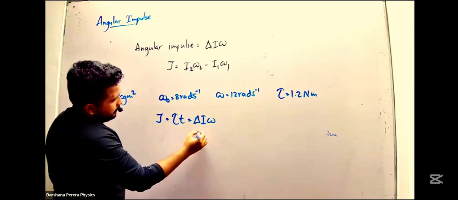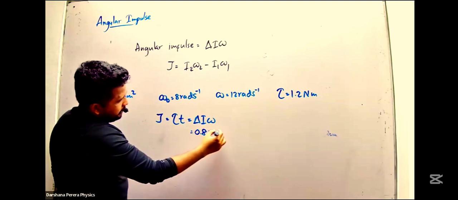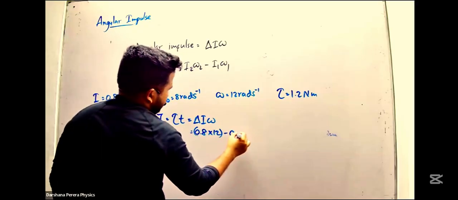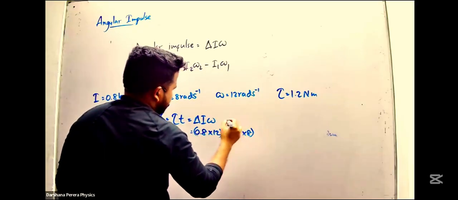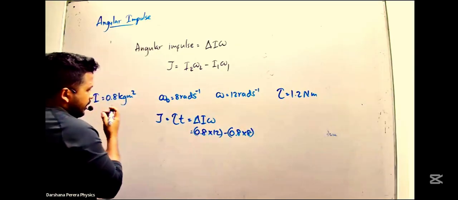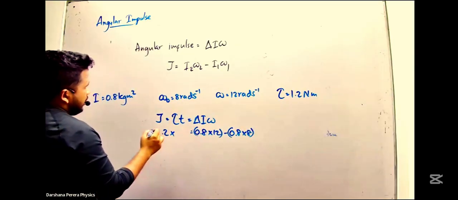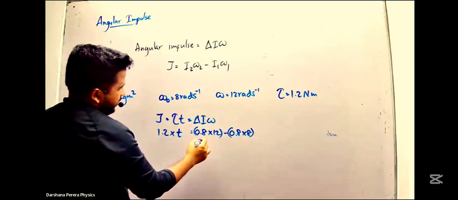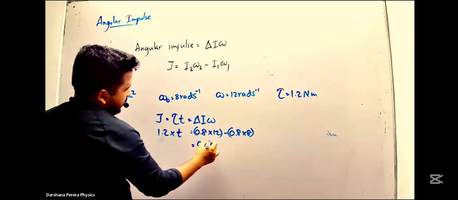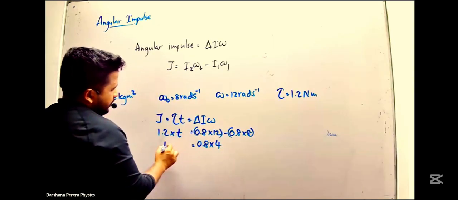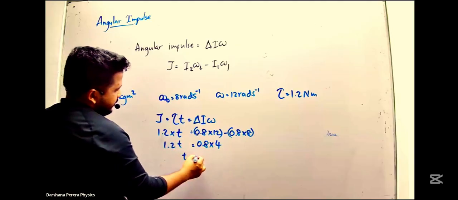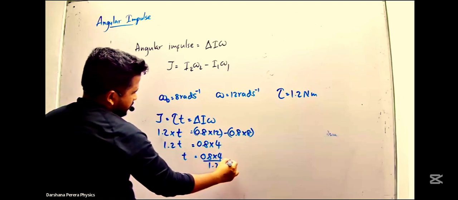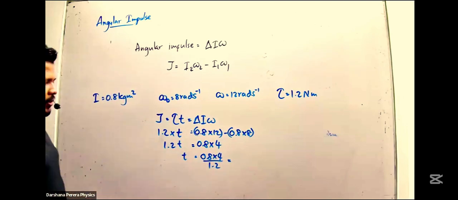That means 0.8 into 12 minus 0.8 into 8, so 1.2 into t equals 0.8 into 4, so t equals 3.2 over 1.2.